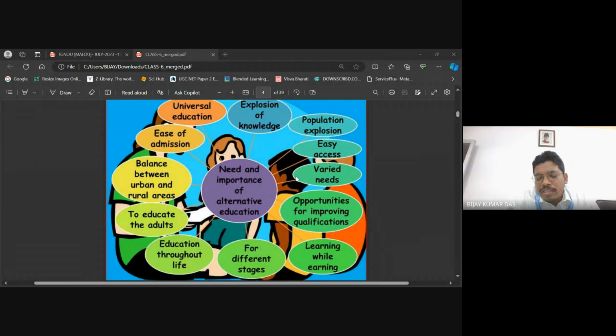And education is not for a specific age. The alternative form of education is not for a specific age, but it is for different ages. People in any number of stages and different age groups, there are provisions for them to take admission and they will benefit on the basis of their eligibility.